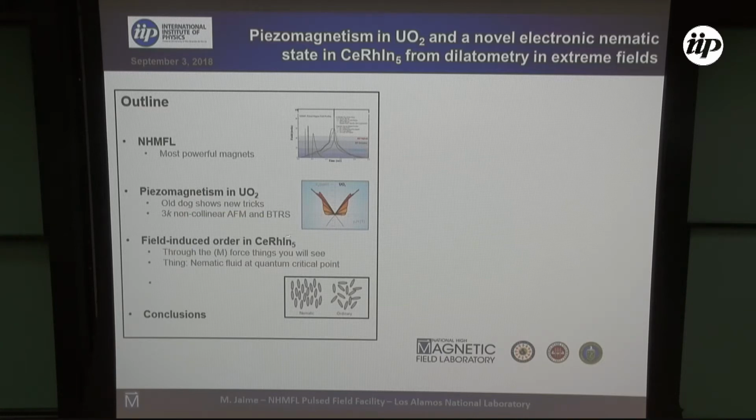I will also discuss cerium, rhodium, indium-5, which is a metal, and in principle in zero magnetic field and zero pressure is isotropic, but when you apply large magnetic fields, it shows an emergent anisotropy at high fields. And these two materials show novel phases that are very uncommon in physics, and I think this is the reason why this talk fits in this workshop.